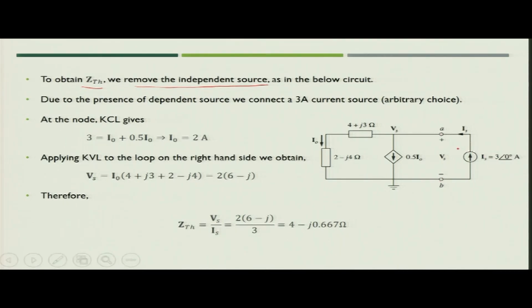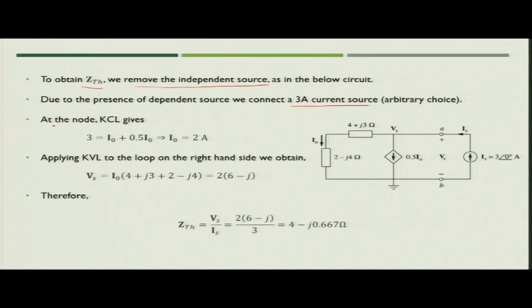We have taken 3 ampere as an arbitrary choice, you can assume any value. The Thevenin impedance ZTH will be equal to Vs upon Is. So, first we have to find the value of Vs and then we will divide Vs by Is.